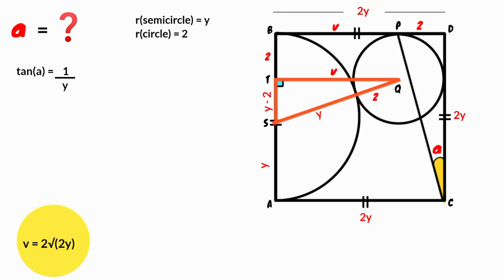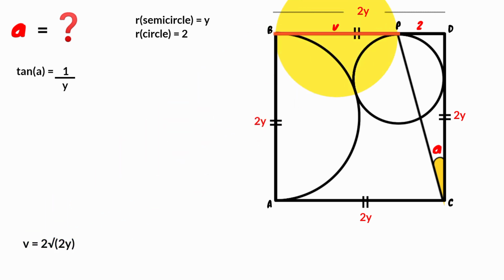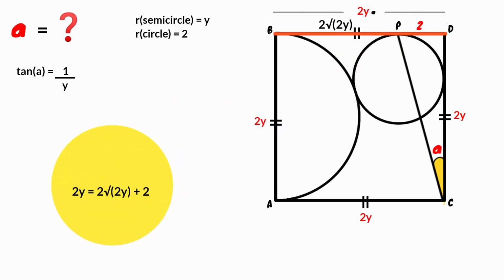So v equals 2 root 2y. That is, the length of this side is 2 root 2y. The whole line segment, its length is 2y, but it is divided into this 2 root 2y and this 2. So we can say 2y equals 2 root 2y plus 2.